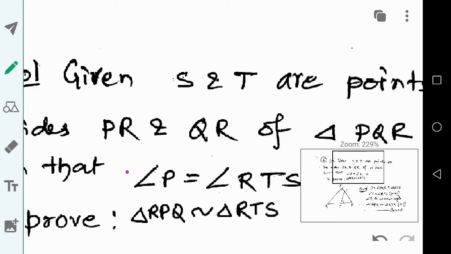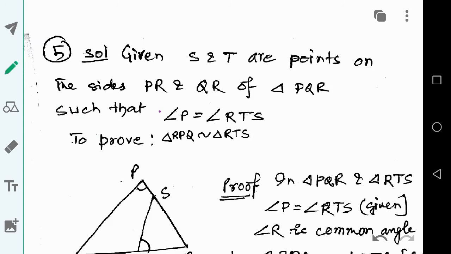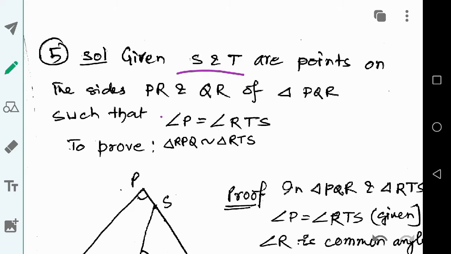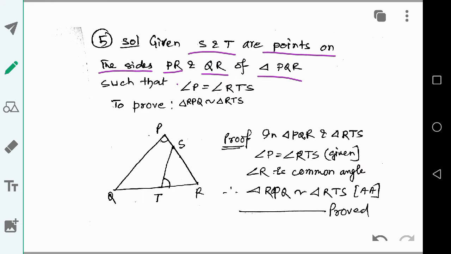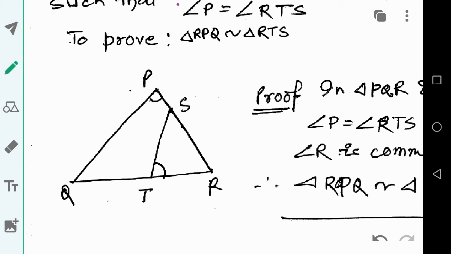Here in this question it is given that S and T are points on the sides PR and QR of triangle PQR. This is triangle PQR. On the sides PR and QR there are 2 points S and T, such that angle P is equal to angle RTS.